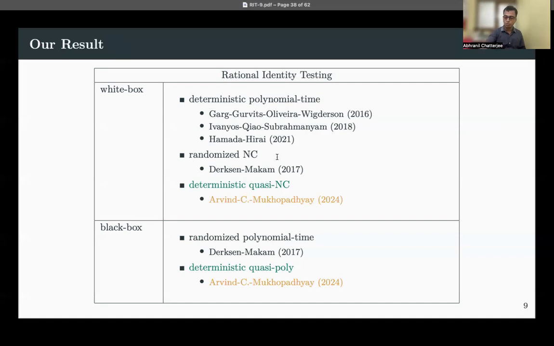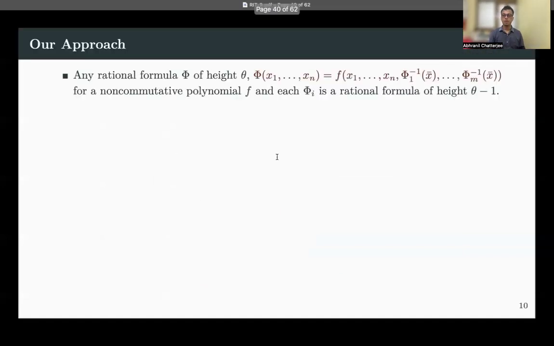Okay. So for the remaining time, I'll now present our proof idea. Our approach is motivated by a simple observation that follows from the definition of any rational formula of height theta: a rational formula phi of height theta can be thought of as the composition of a non-commutative polynomial expression, actually a non-commutative formula, over x1 to xn and y1 to ym, where all these y1 to ym are replaced by inverses of phi1, phi2 up to phim, where each phi is a rational formula of height theta minus 1.